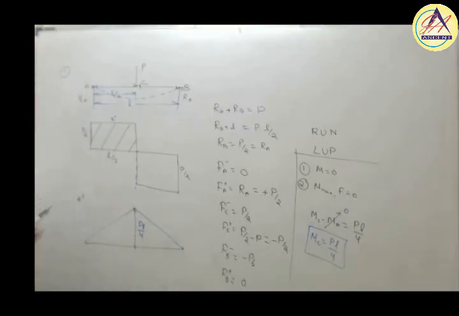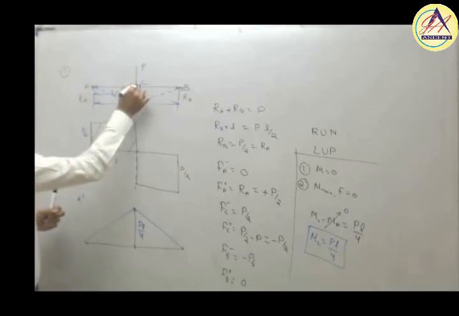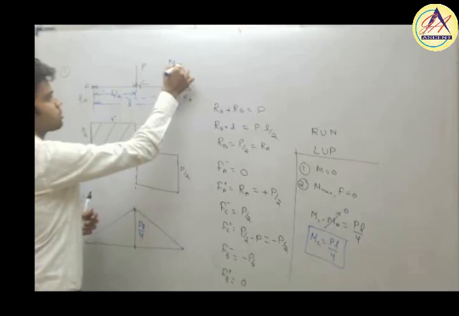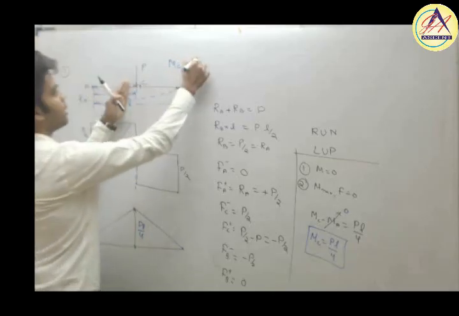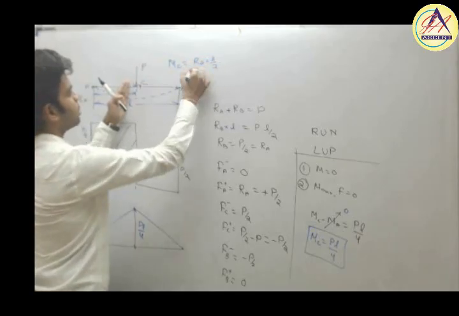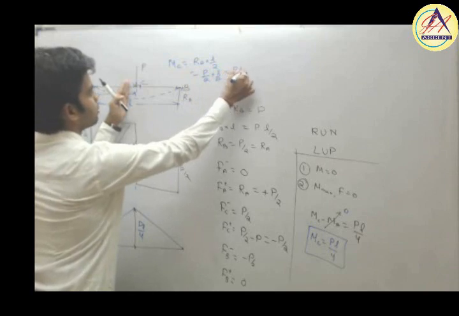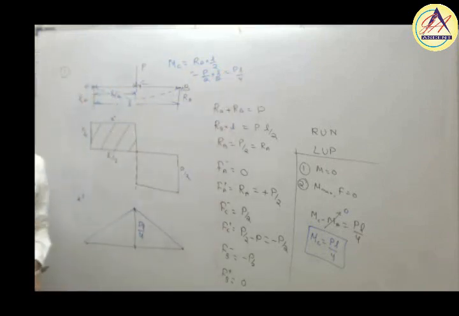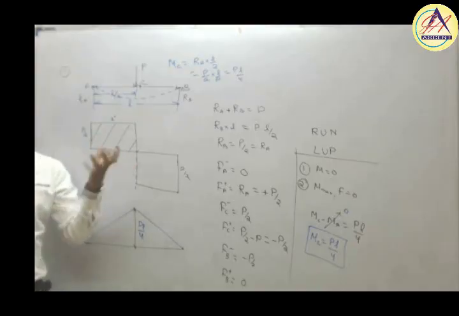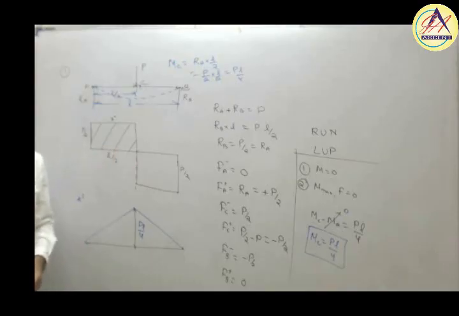Obviously the conventional way, we all know, to determine the moment: MC is equal to RA into distance L by 2, which is equal to P by 2 into L by 2, which is equal to PL by 4. This is the conventional way. But this way will make most of the complicated questions simple. Getting this? So this is the way to draw the shear force and bending moment diagram.